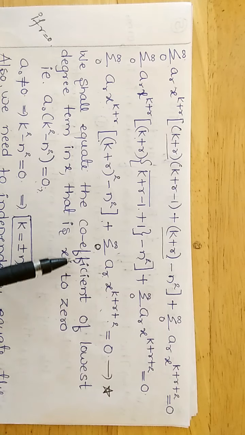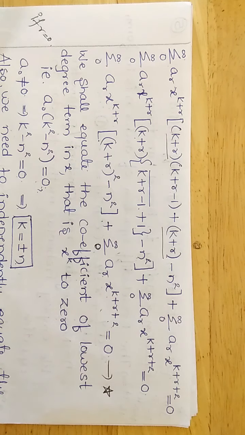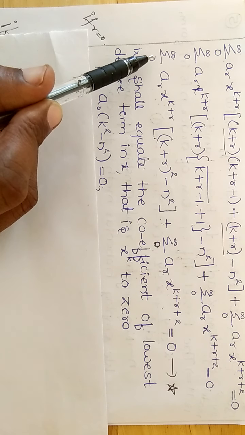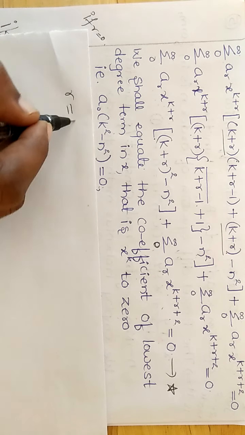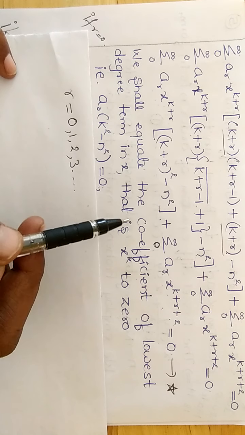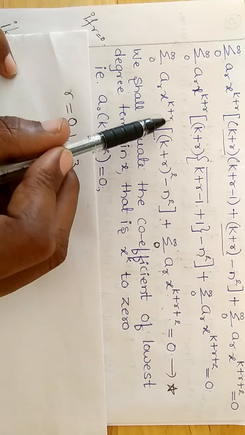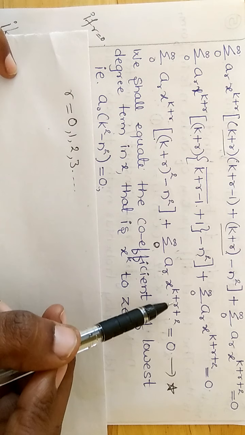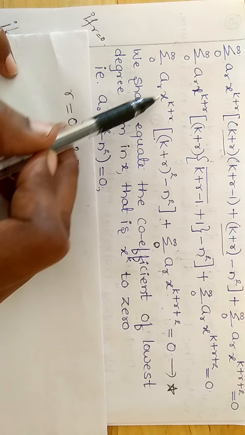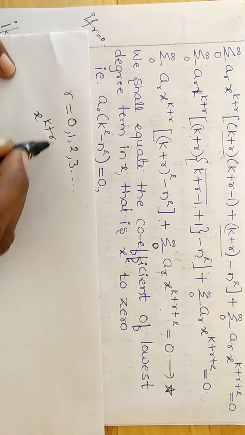We shall equate the coefficient of lowest degree term in x, that is x to the power k, to 0. Summation r starts from 0 to infinity, means r is equal to 0, 1, 2, 3, and so on. Equate the coefficient of lowest degree term. So x to the power k plus r, x to the power k plus r plus 2. Among these two, the lowest degree term is x to the power k plus r.